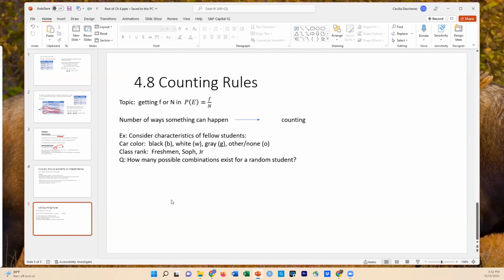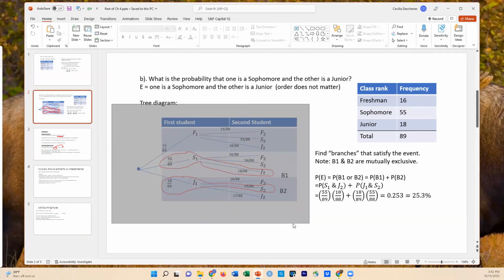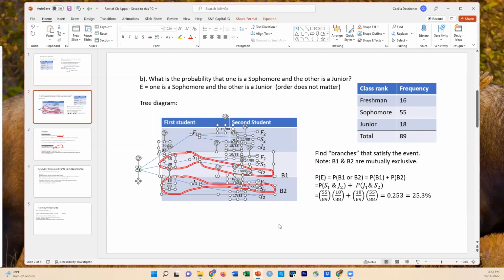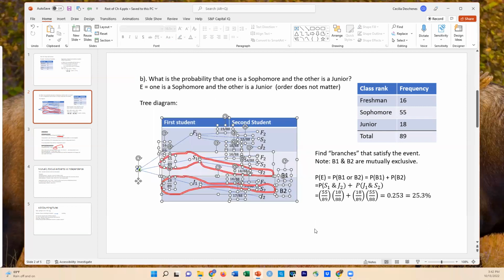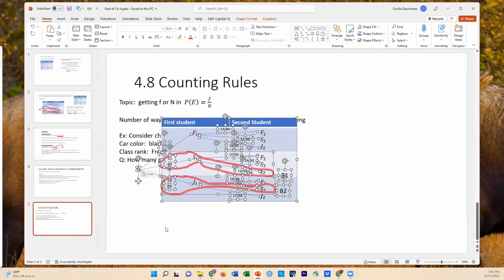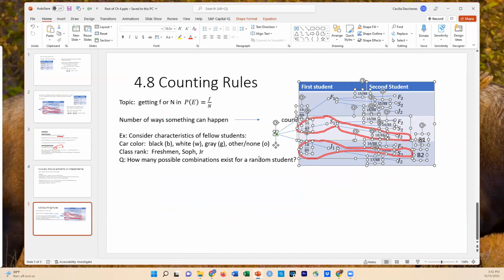For this, we're going to go back and select, see if I can grab everything here and try not to grab that. That's not going to work. We want to do another tree diagram to help figure this out.